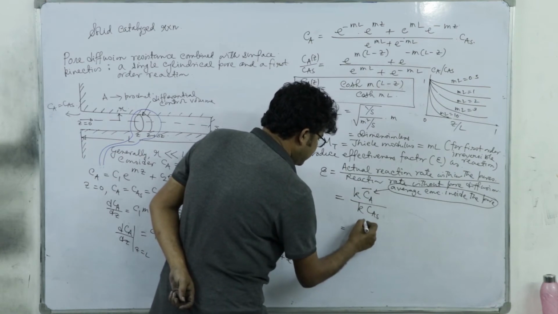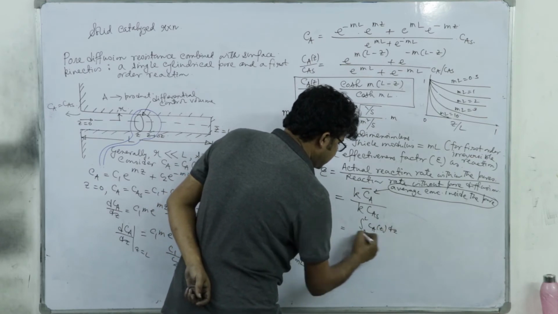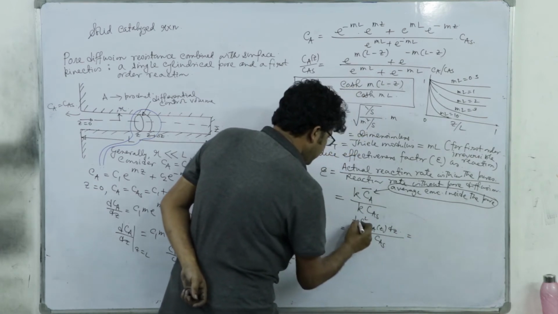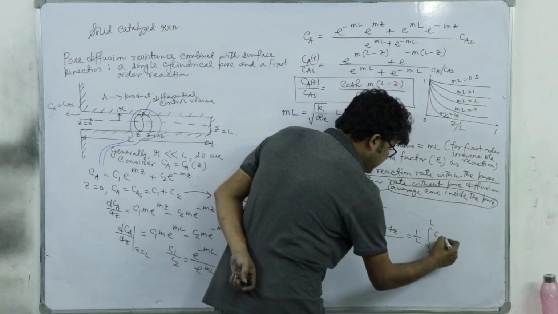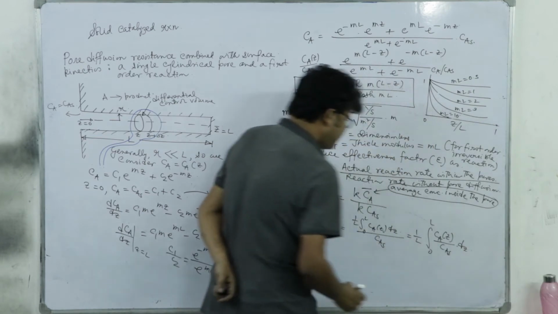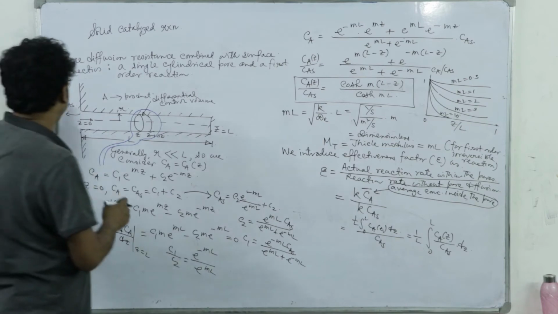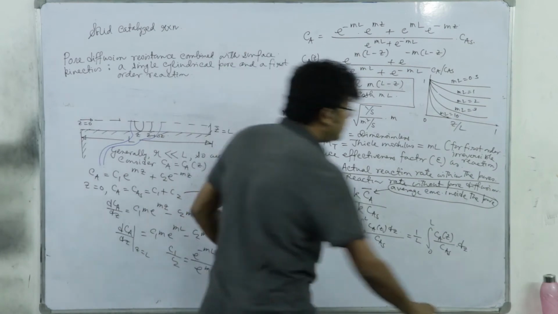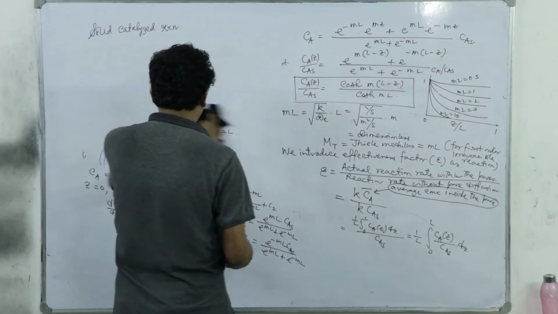So, average means 0 to L CAZ dz, and denominator is CAS into 1 by L. So, 1 by L, 0 to L, CAZ by CAS dz. So, see, already we have solved for the concentration profile. Let me now erase this part. We have solved for this concentration profile.